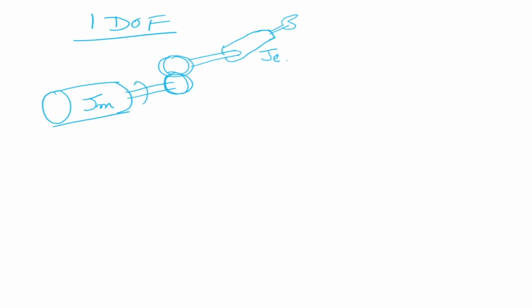Theta m is the motor angle, theta L is the link angle. This side is the link, this is the motor, and in between there is a gear, and the gear ratio is n. When the motor rotates, the gear rotates, and then the link rotates, and it has only 1 degree of freedom. So theta L is equal to 1 by n theta m. The motor speed has to be reduced and the torque has to be increased.